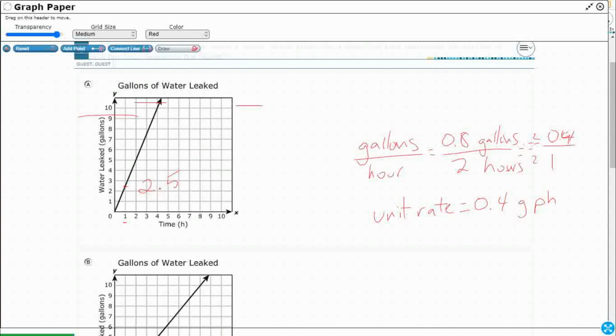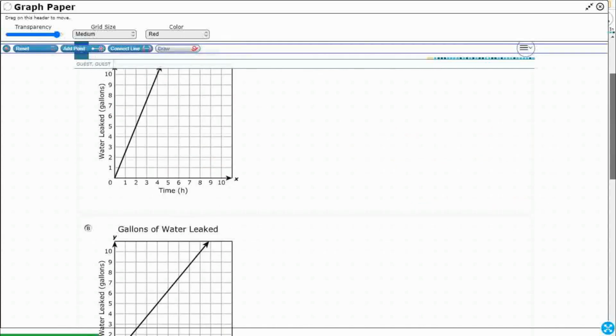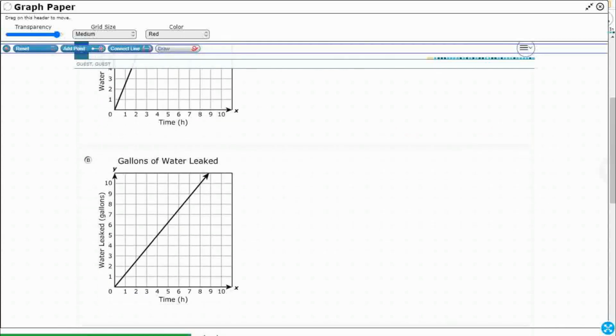It's about 2.5 gallons per hour. So that's much too high of a unit rate. We're looking for 0.4, but after 1 hour you've got at least about 2.5 gallons. So too high. So let me clear that. It's not A. Just don't want that mess all over it.